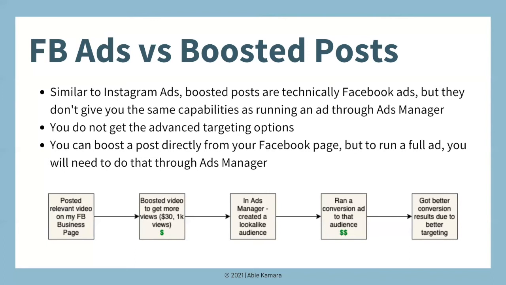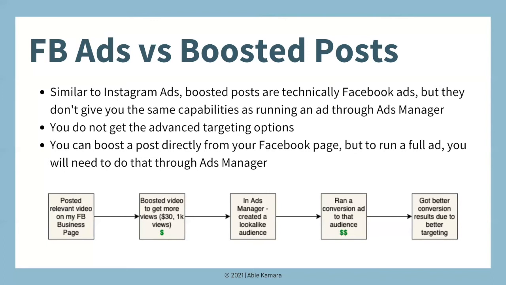So remember how before I mentioned you can create a lookalike audience, and it's best to have a list of 1,000 people. That was my plan with that. I ran the boosted post to get a minimum of 1,000 views. And then inside of Ads Manager, I created a lookalike audience, because one of the custom audiences you can create is based on video that you post.